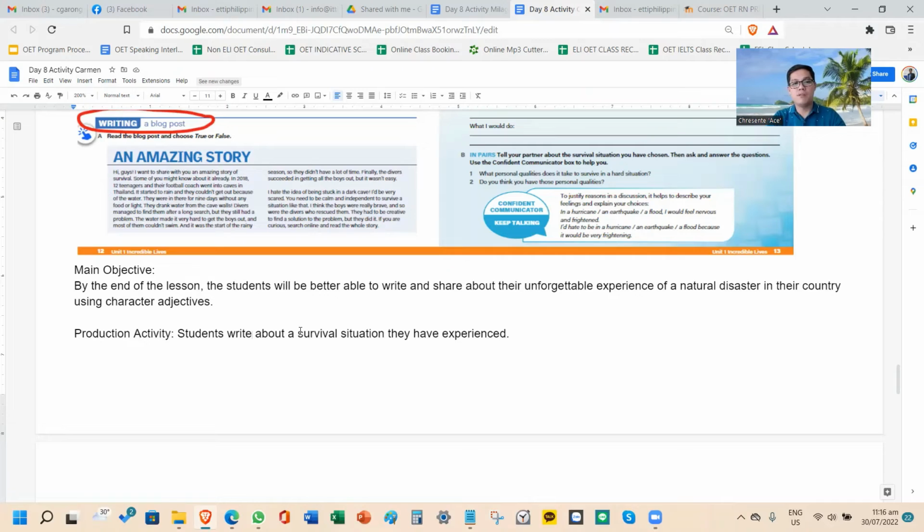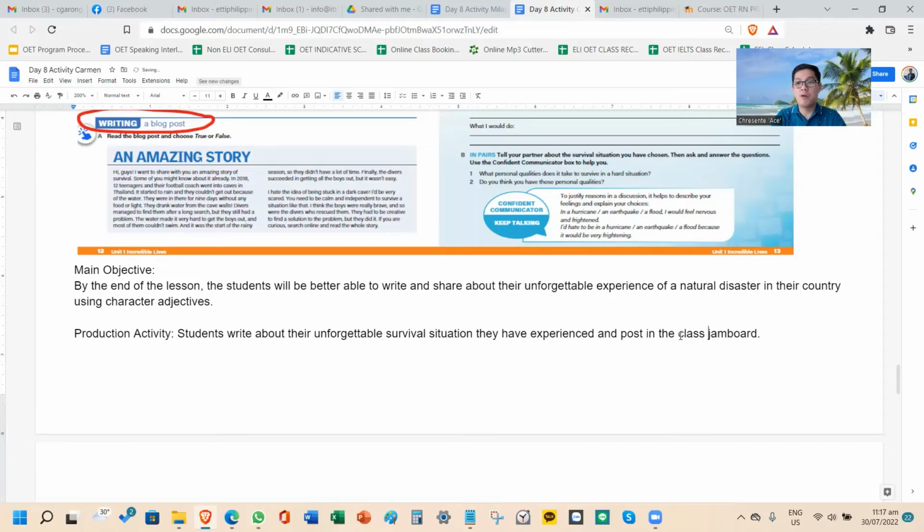Students write about their unforgettable survival situation they've experienced through a natural disaster, and post it in the class Jamboard.